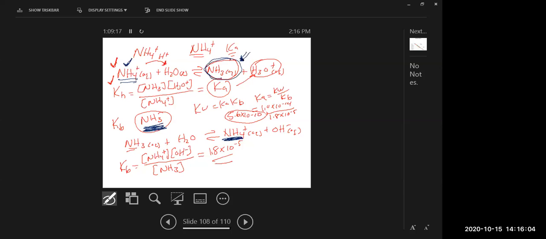So in our example here, the value would be 5.6 times 10 to the minus 10. Question on that? Thank you. You're welcome. Other questions?